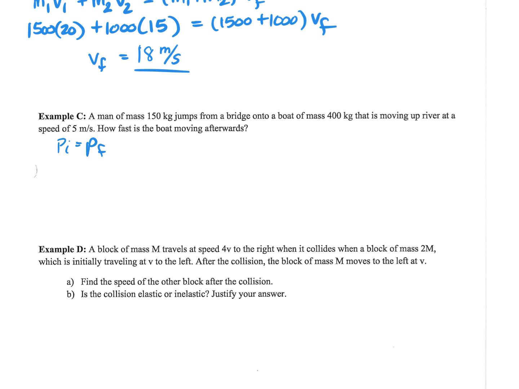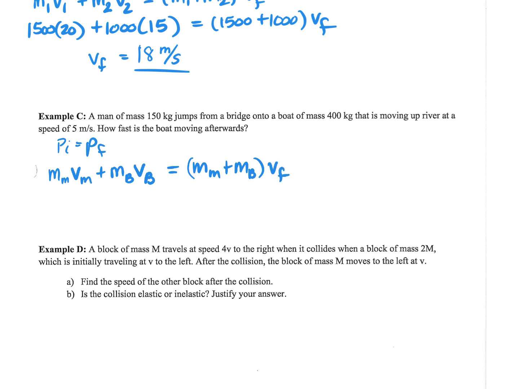Is the dude moving initially? Mass of the man, velocity of the man, plus mass of the boat, velocity of the boat equals what do we know? Mass of the man plus mass of the boat times V final.